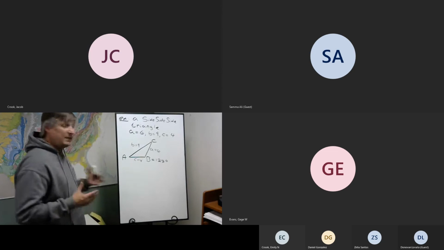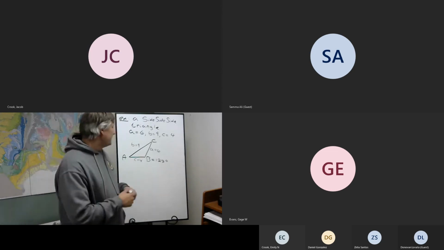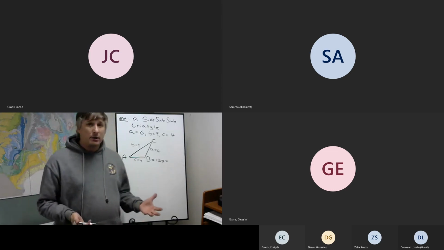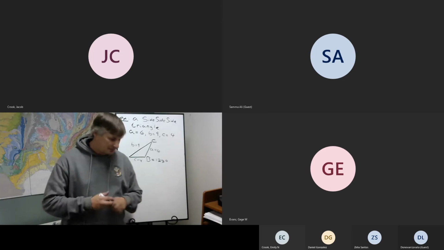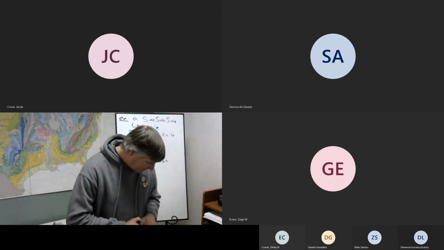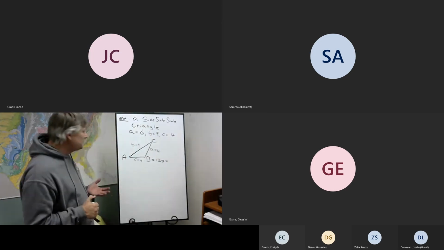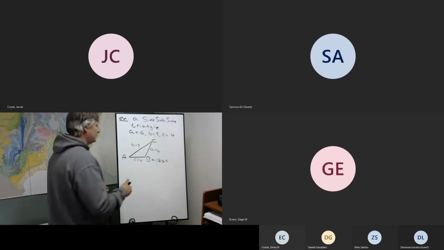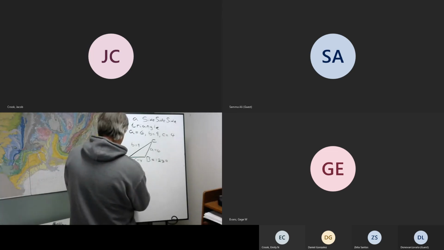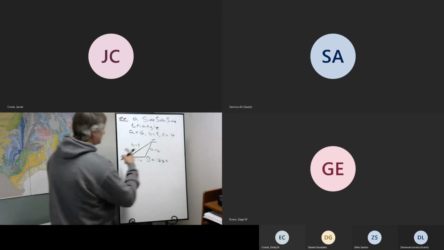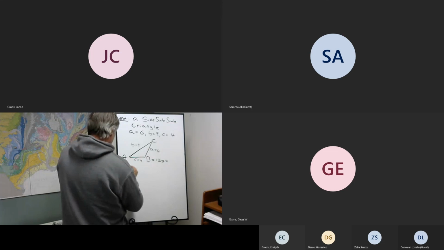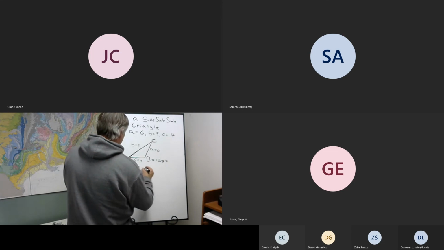So we need to get at least one more angle, and then we can use the fact that they add up to 180 to find the missing angle. So to find the last angle, we can use the law of sines again. You can think of this as our step 1, law of cosines.